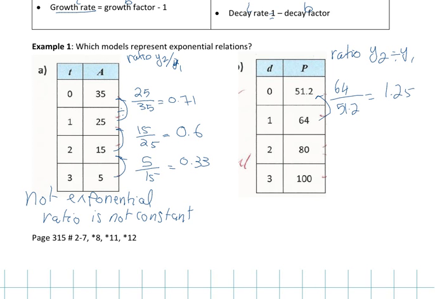That's going to be 1.25. And if I divide 100 by 80, that's going to be 1.25. So looking at this, what can you say? Constant. It's constant, so it is exponential, because the ratio is constant.